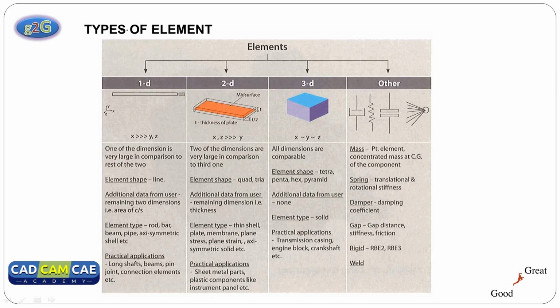So these are practical applications. Other elements are rigid body elements, used to connect two components, and weld elements. Then there are simple mass, damper, and spring mass damper, and spring, which includes translational and rotational stiffness. So these are the types of elements.